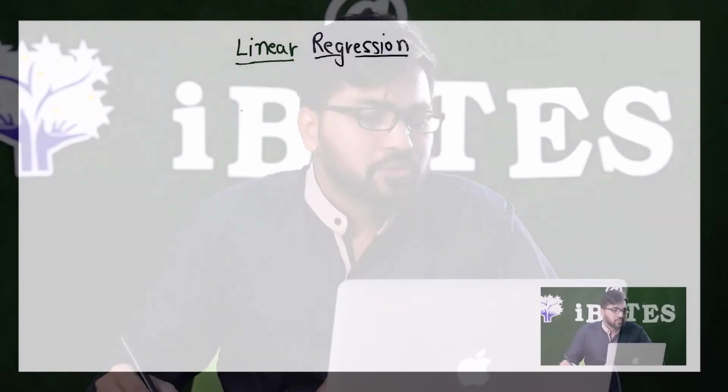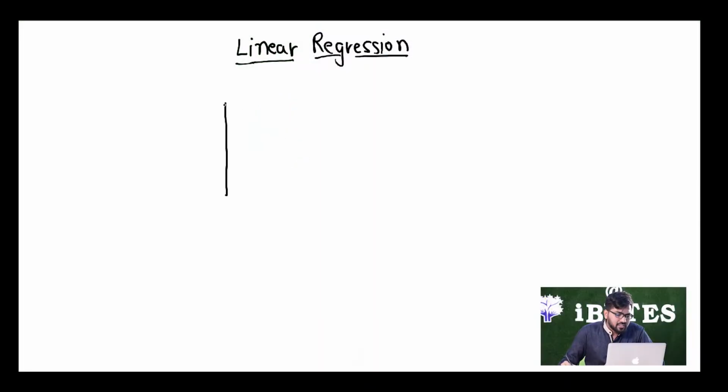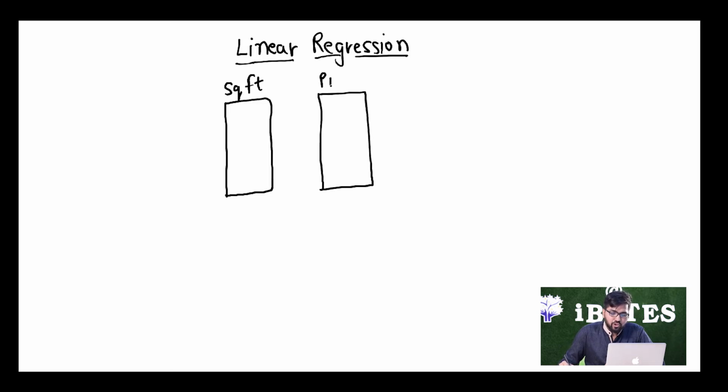As an example, let me consider a problem of a housing data set where we will be given the area of a house, let's say in square feet. We will have to predict the price of the house, that is, at what price that house should be sold. Obviously, for solving this problem I need some training data.